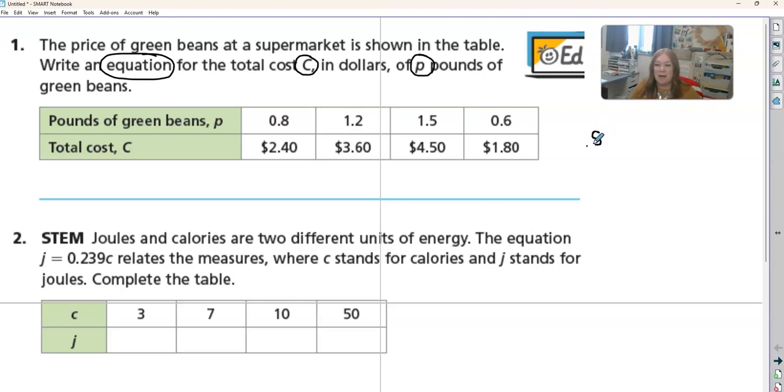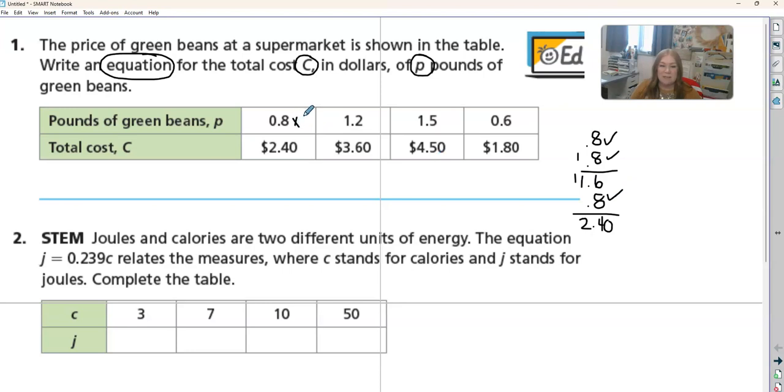So if I buy 2 pounds, that gets me to $1.60. So we still need more. So if I buy another pound, there is 4 and 2, $2.40. So we bought 1 pound, 2 pounds, 3 pounds.